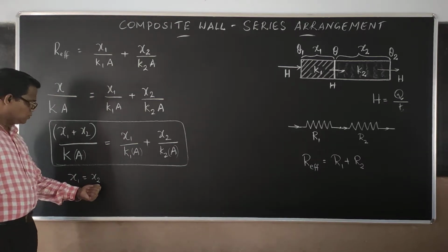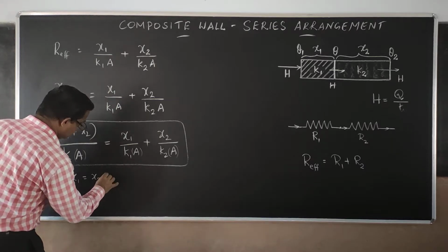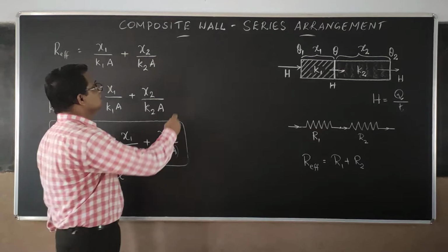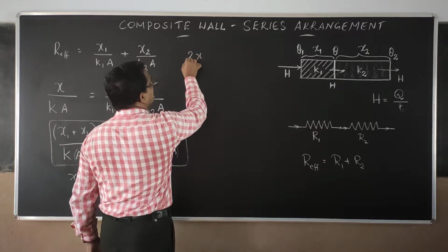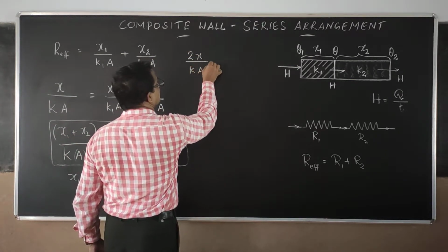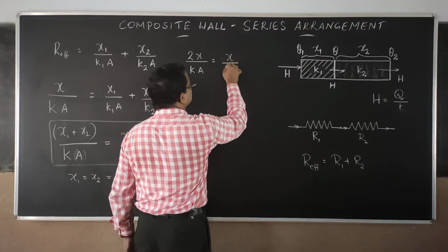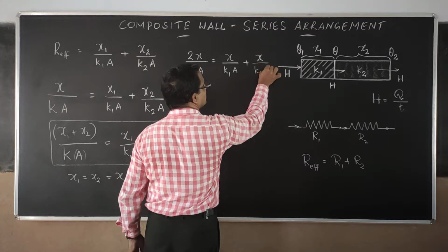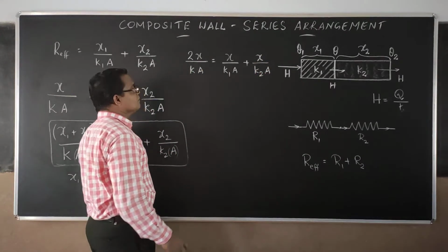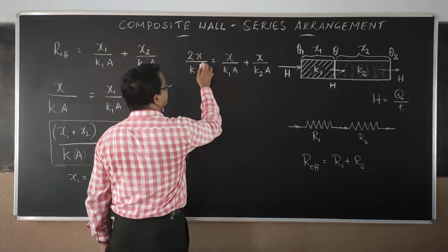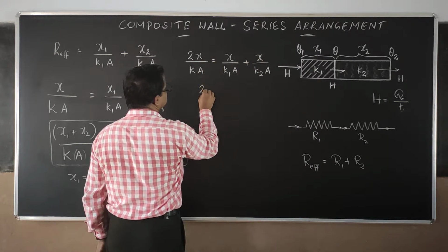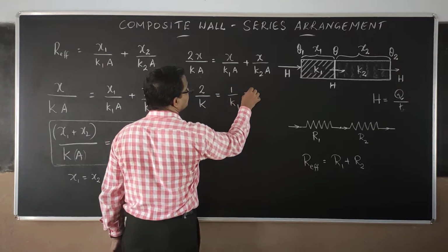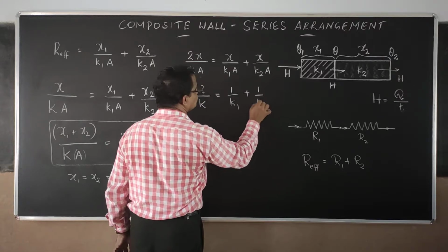if X1 equals X2 equals X, then 2X divided by K A will be equal to X by K1 A plus X by K2 A. A remains constant, and what you get is 2 by K equal to 1 by K1 plus 1 by K2.